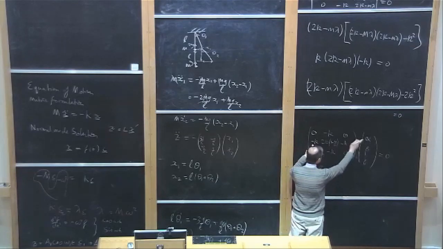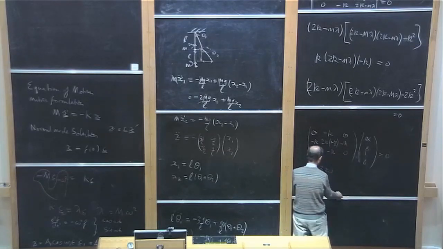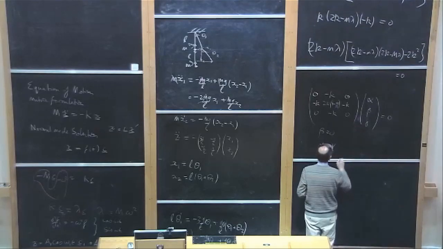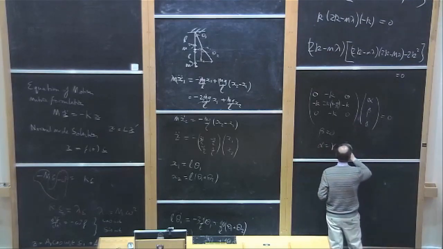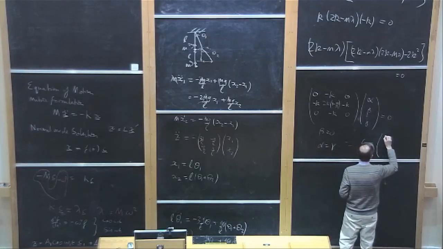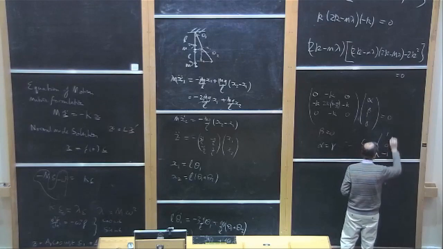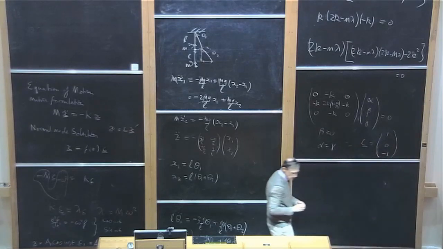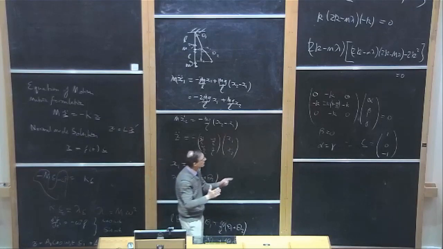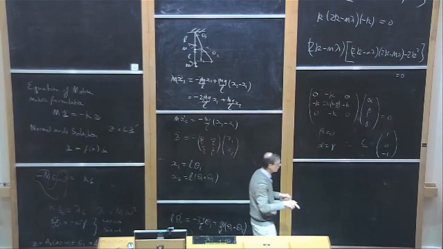We get minus k alpha minus k gamma is naught, so alpha equals gamma, and so the eigenvector is actually 1, 0, minus 1. It's the antisymmetric oscillation where the middle mass doesn't move.